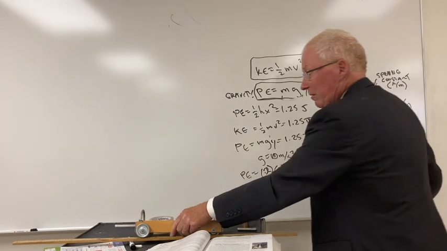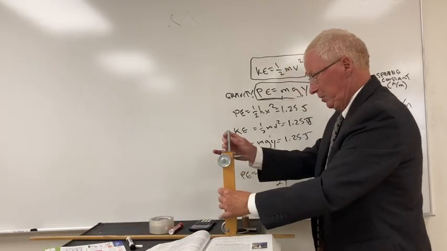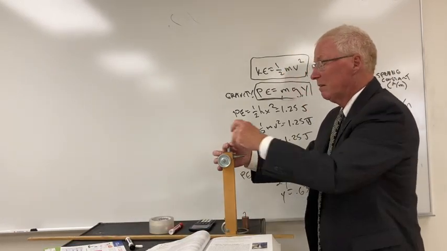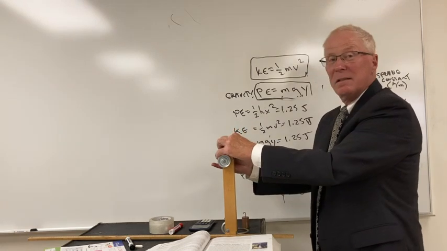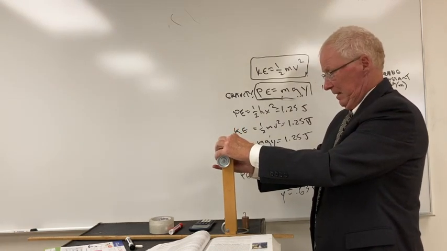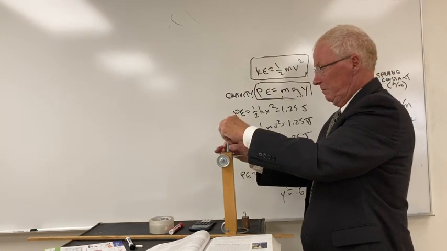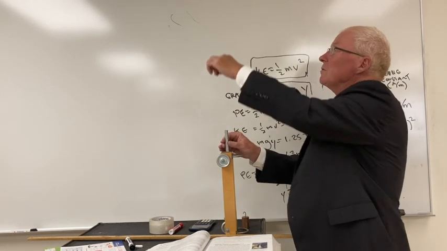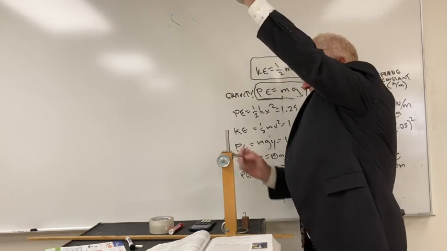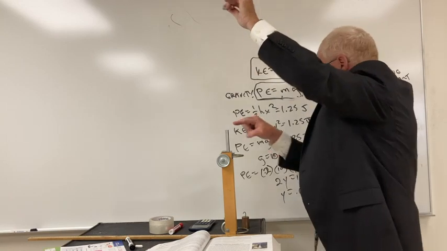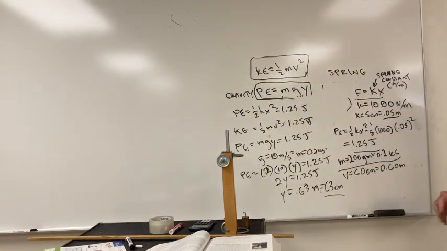So what we have here is potential energy by compressing this, right? When I let go, it sends it flying up. It then goes up a height of about 60 centimeters, which is pretty close to what we actually have here.